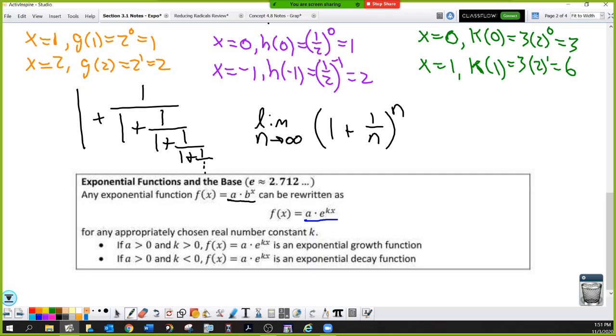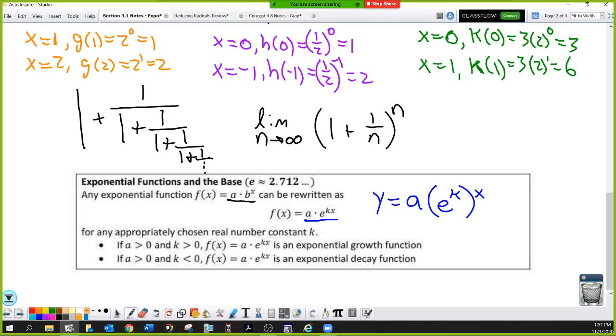Why, Mr. Crab? Because it can be thought of as saying this. That's why. You see, if k is positive, you have an exponential base that's bigger than 1. But if k is negative, you have 1 over e to some power, which is an exponential base that's between 0 and 1 every single time. And that's why it's decay.